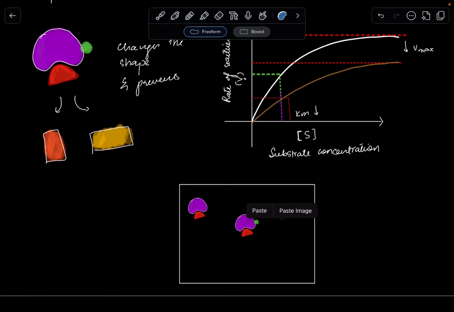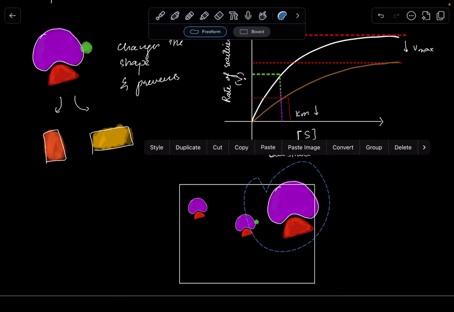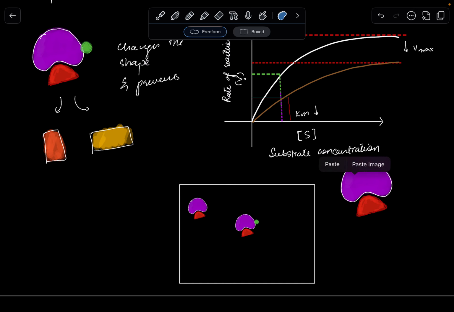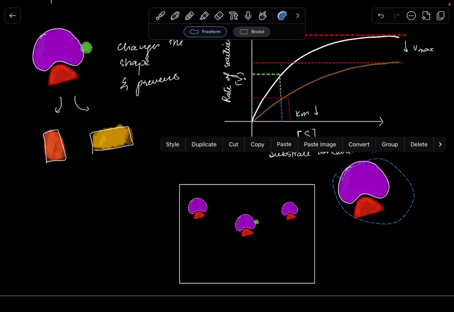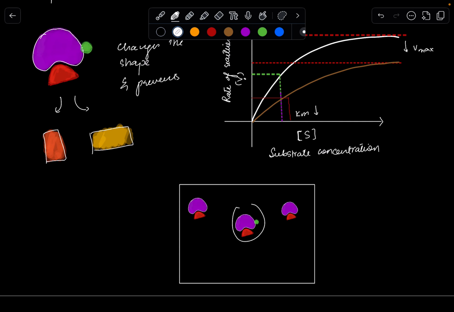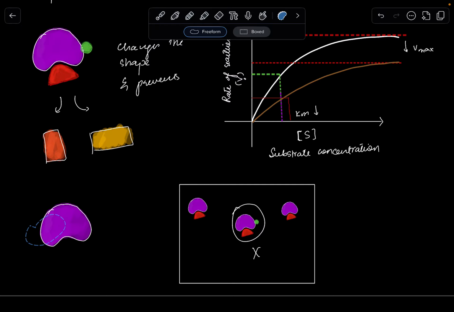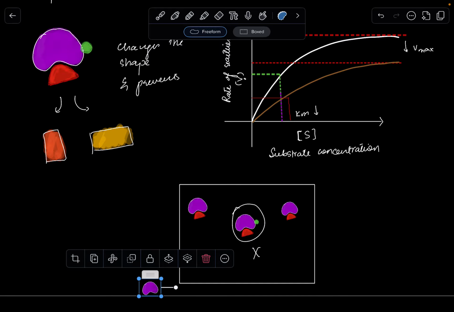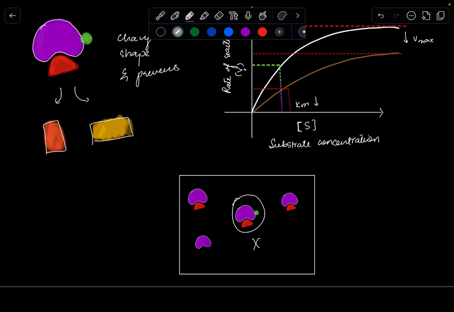So what this means is this enzyme, this one, will not return to being reused, will not go back to being just a plain enzyme like this. It won't go back because it's stuck, it's hanging. While the other 2 will go back to this, this one cannot.